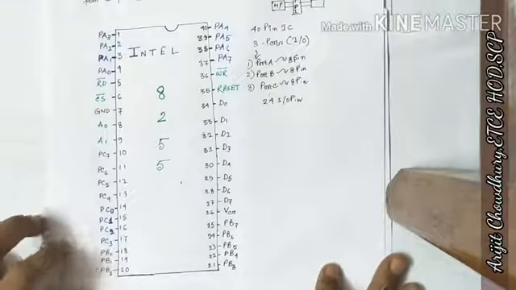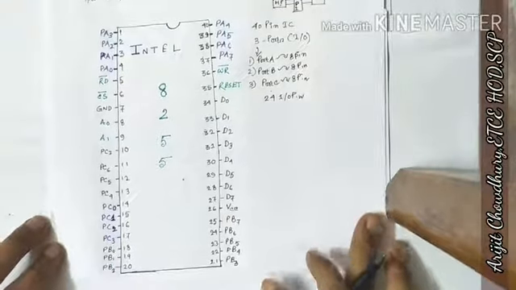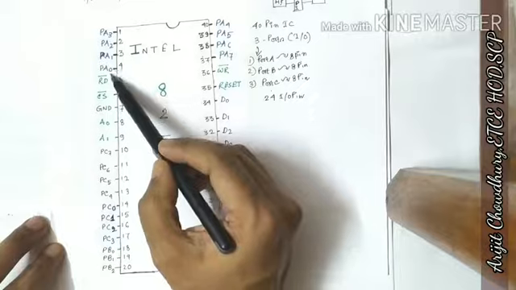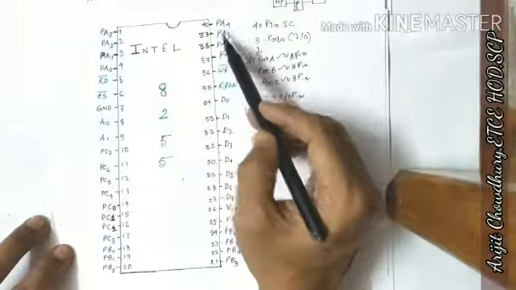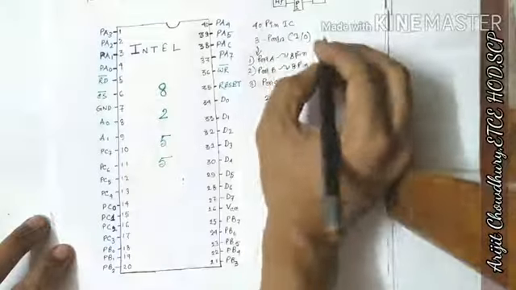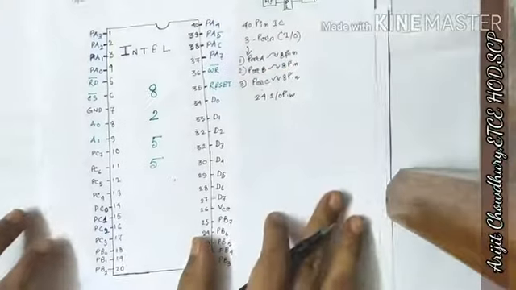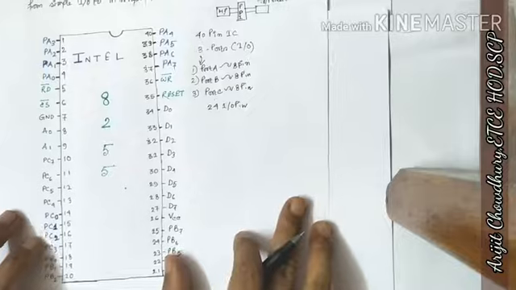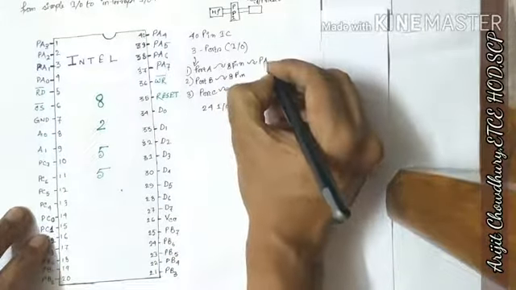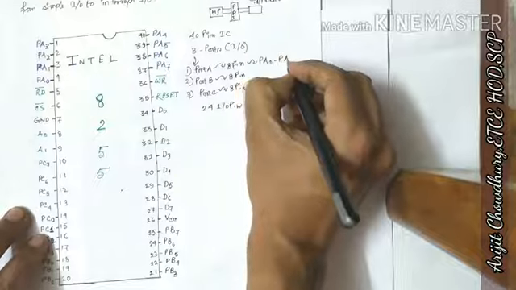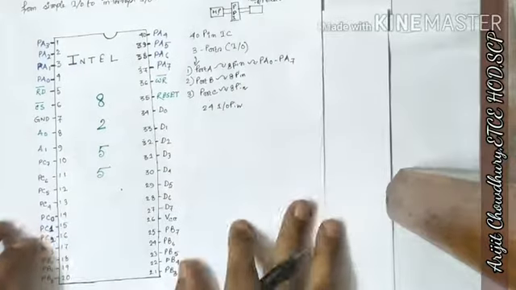These are in the diagram. Port A, A0 to A3, and also A4 to A7, so port A0 to A7.